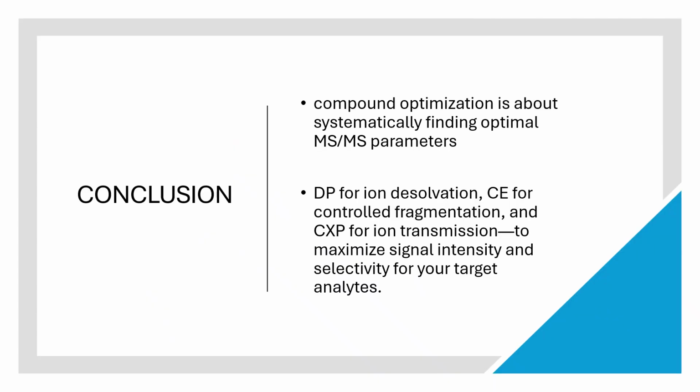So to summarize this, compound optimization is about systematically finding optimal MS/MS parameters: declustering potential for ion desolvation, collision energy for controlled fragmentation, collision exit potential for ion transmission, to maximize signal intensity and selectivity for your target analyte.